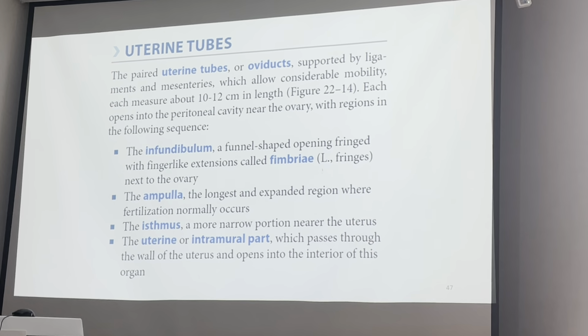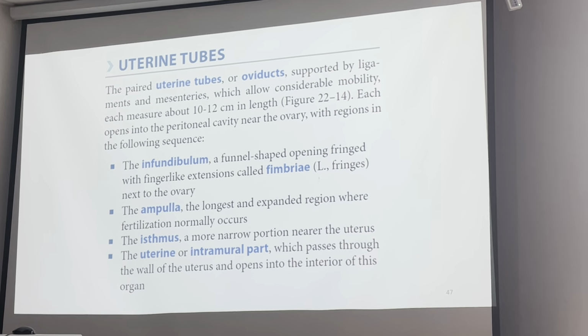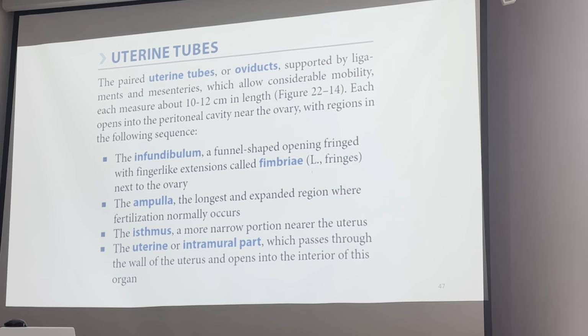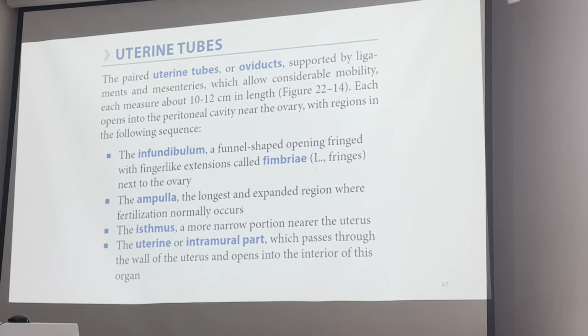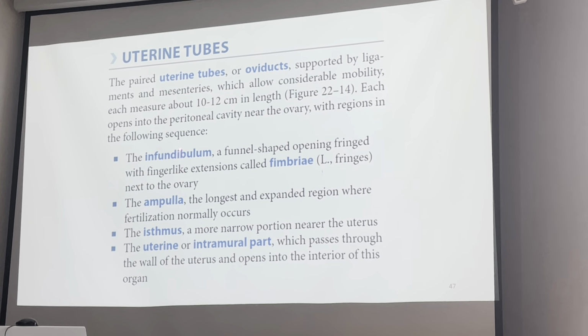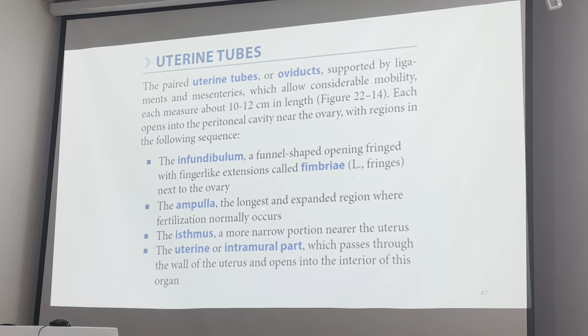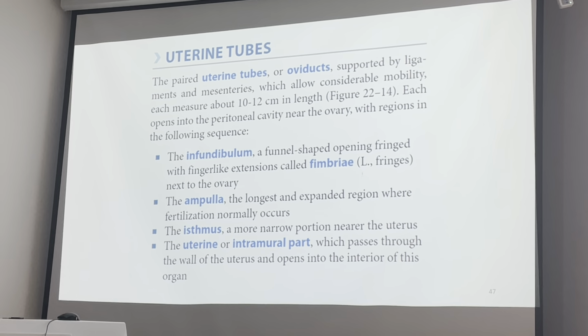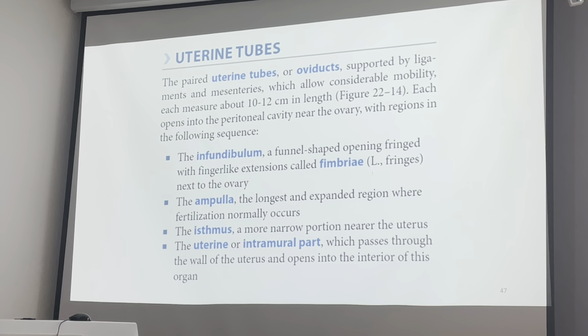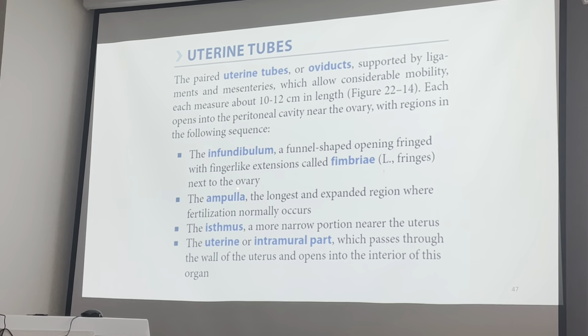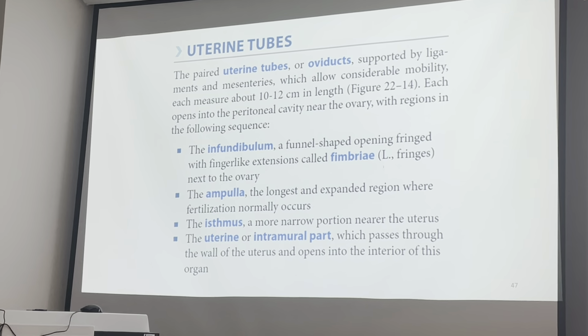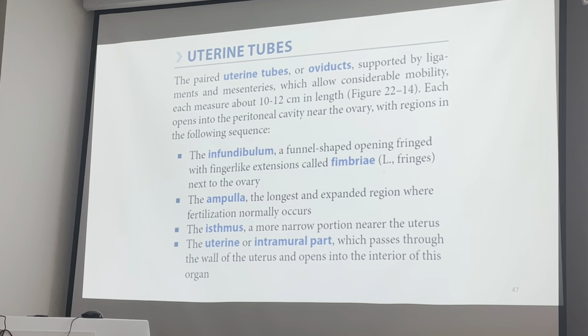Now we are going to talk about the uterine tube. In the uterine tube, we have 4 different areas: the infundibulum, which has fimbriae, the ampulla, the longest and expanded region of the tuba uterina, and in this ampulla you can see normal fertilization occur.